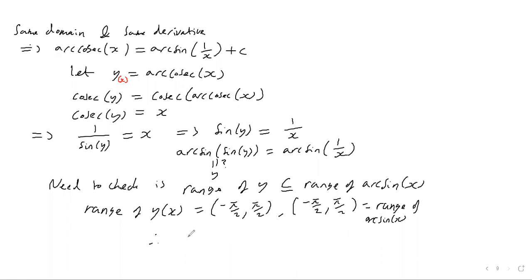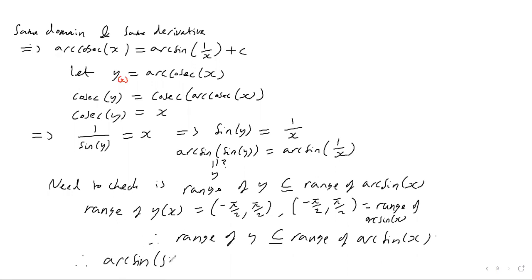So therefore, range of y is a subset of range of arcsin, and so therefore it must be true that arcsin of sine of y is equal to y. So arcsin of sine of y of x is indeed equal to just y.